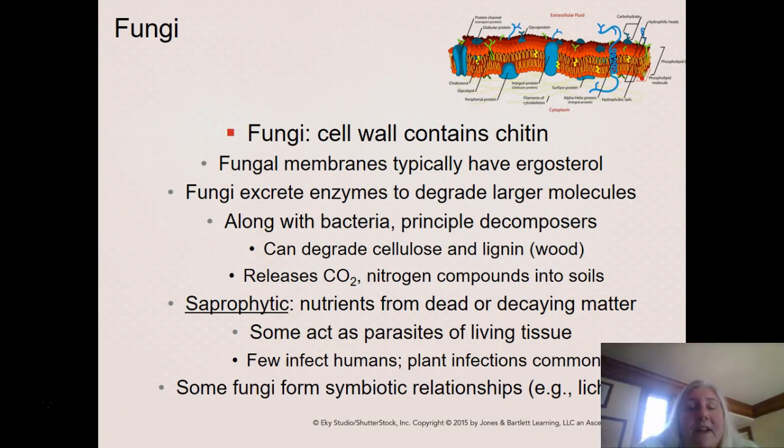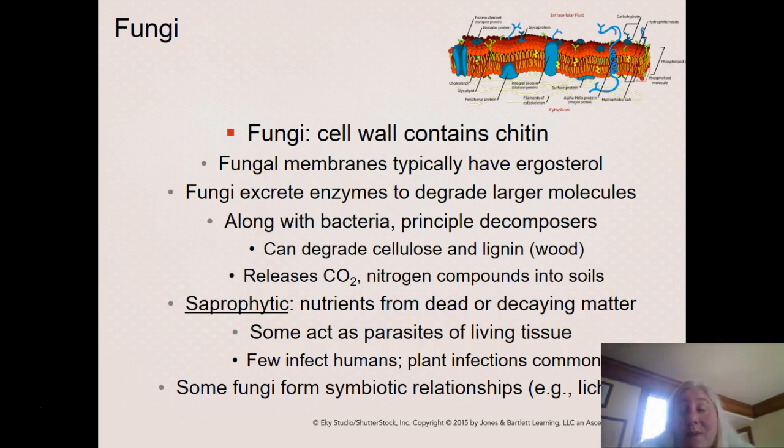Fungi are very similar to animals in that they have to take in organic compounds both for energy and for their carbon source. So they are chemoheterotrophs. They don't have a mouth, so they don't ingest food the same way. They absorb food through structures called mycelium. The fungal cell wall contains a protective carbohydrate structure called chitin.